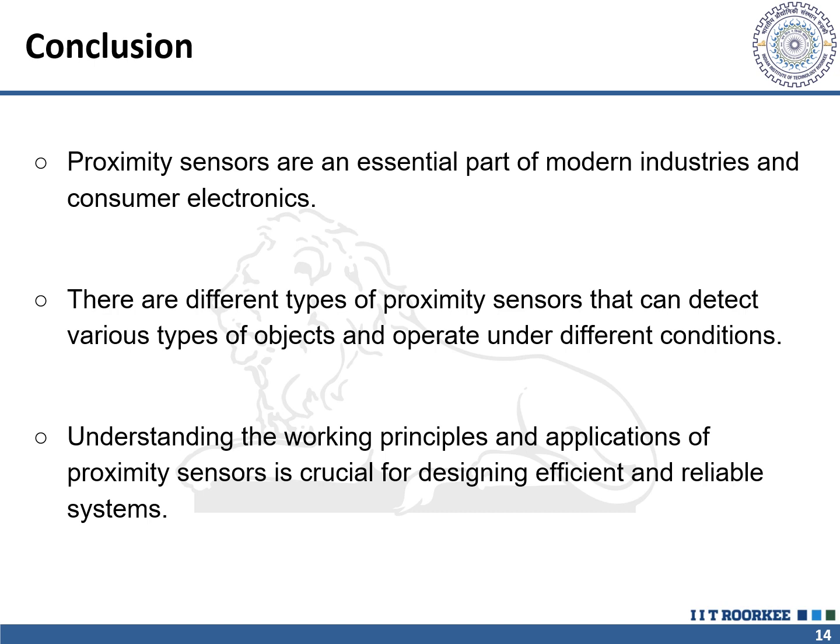Capacitive proximity sensors are used to detect non-metallic objects. So it depends on the type of proximity sensor what kind of object we are detecting. Understanding the working principles and applications of proximity sensors is very crucial for designing efficient and reliable systems.